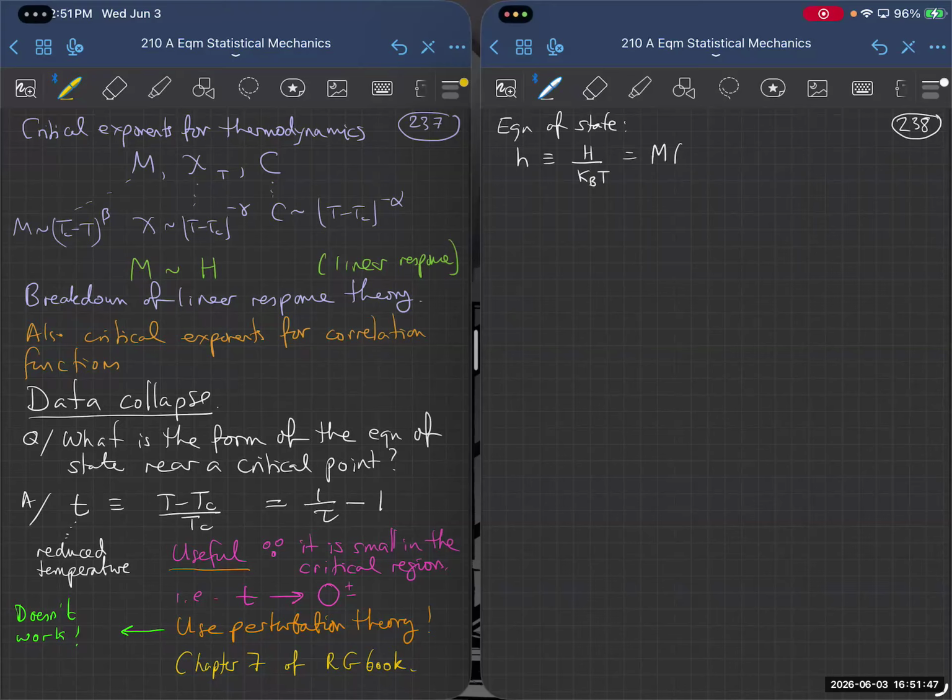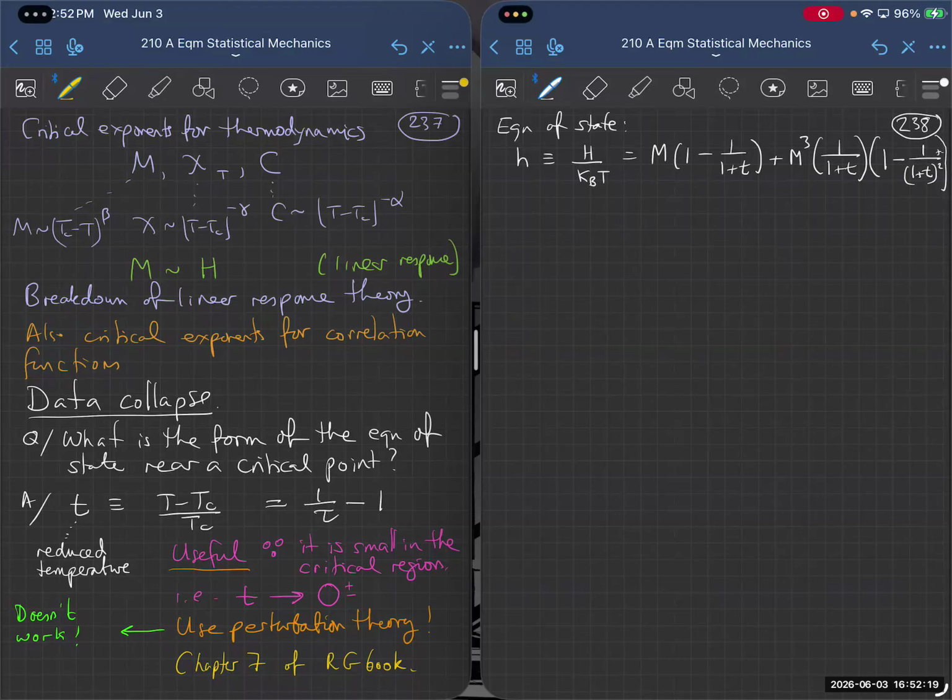It looks like m times (1 minus 1 over 1 plus t) plus m cubed times (1 over 1 plus t) times (1 minus 1 over (1 plus t) squared) plus dot, dot, dot, a whole bunch of things like that, which are fairly messy.